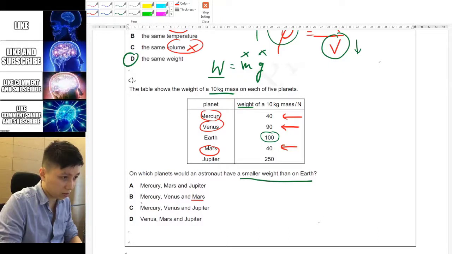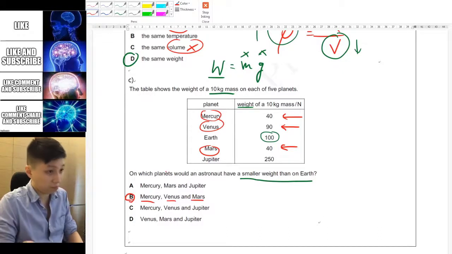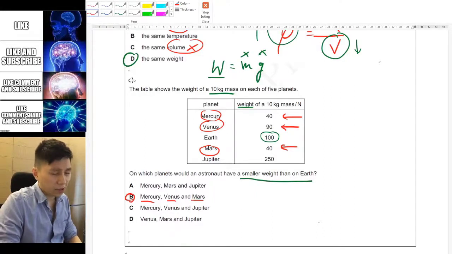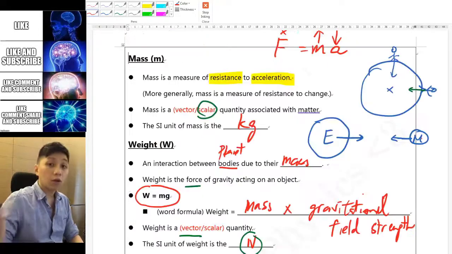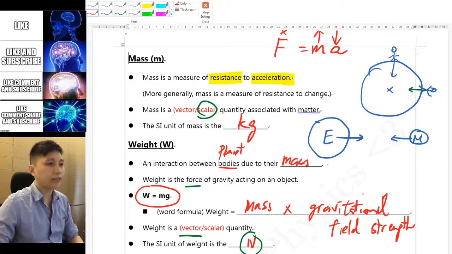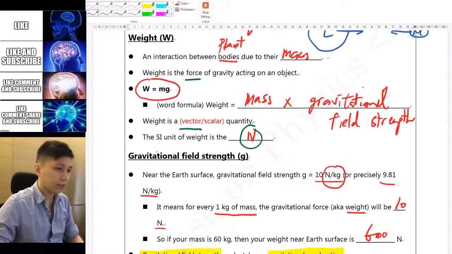So Mars, Mercury, Venus, then that's B simply. You can even work out the gravitational field strength by using the equation W equals mg, and therefore Mercury should be 4 Newton per kg, Venus should be 9 Newton per kg, similarly Mars would be 4 Newton per kg.